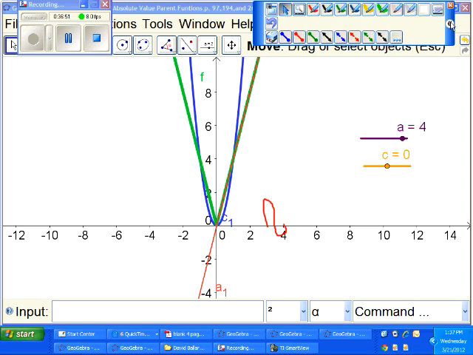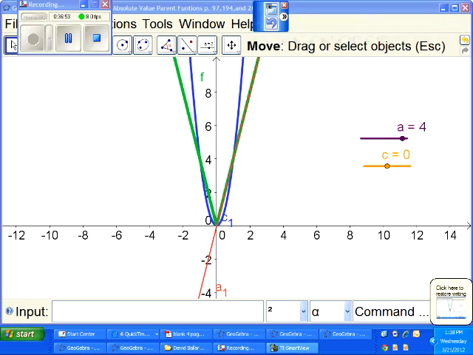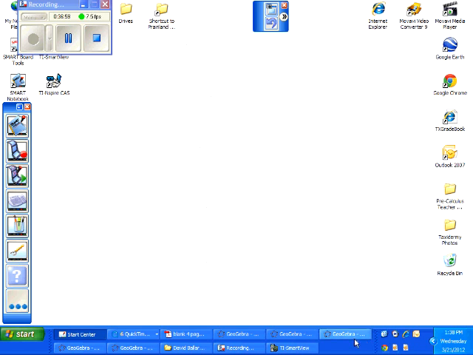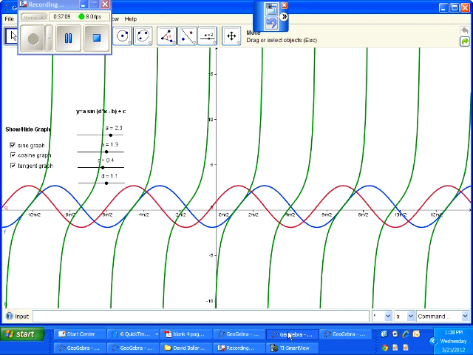All right, so let's find the GeoGebra applet for trigonometric stuff. Give me 1 second so we can see that. Okay. I want to try to take that back to a normal sine.